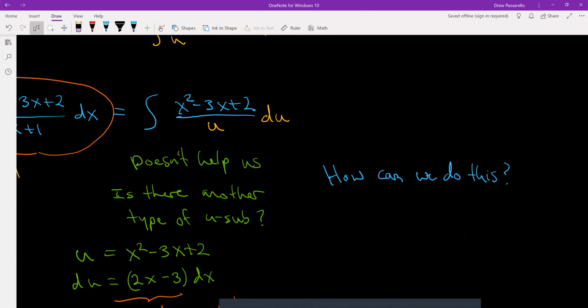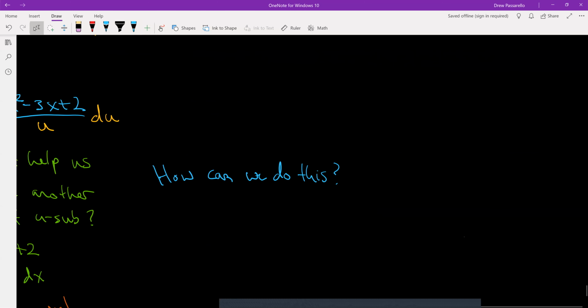So notice for the fraction, the numerator has the higher exponent.